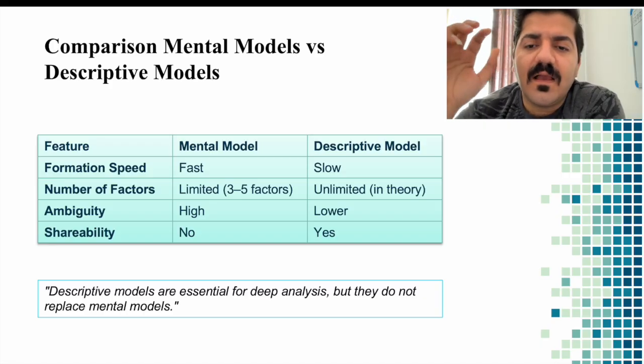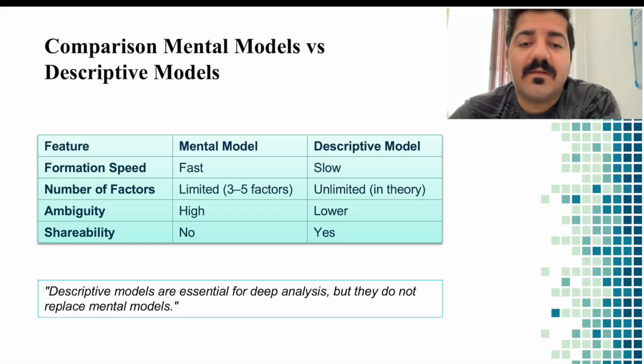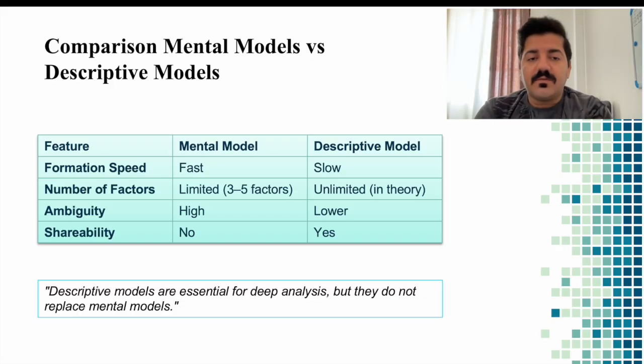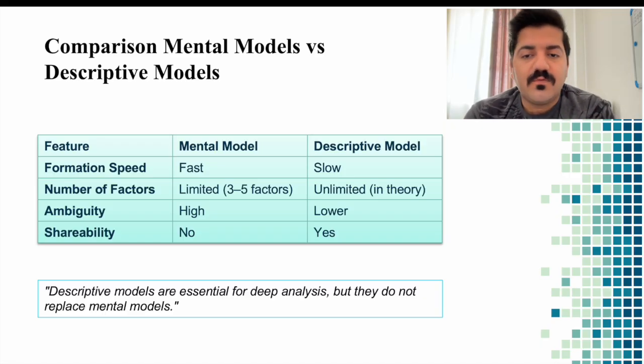For example, how will AI change our industry? You can't use a mental model to answer this question, and you need at least a descriptive model. Descriptive models deepen understanding, but you will always need mental models to act fast, because mental models are faster than descriptive models.